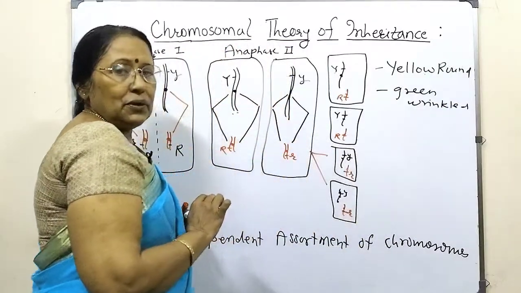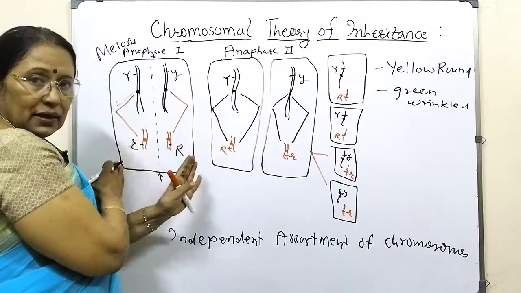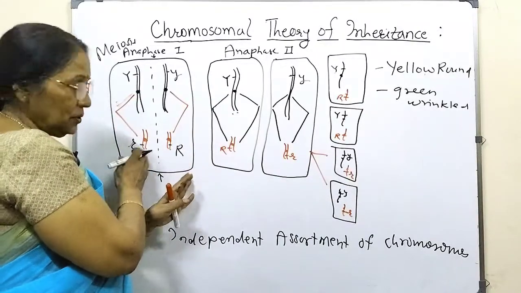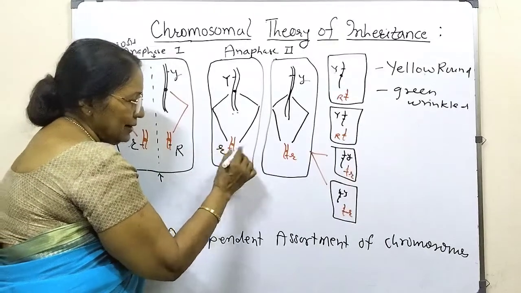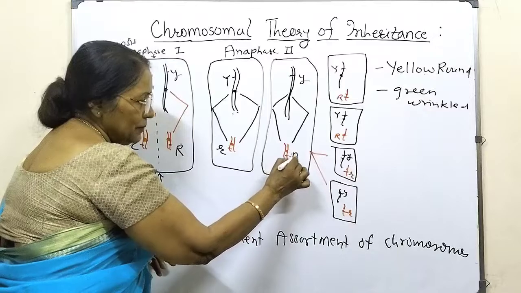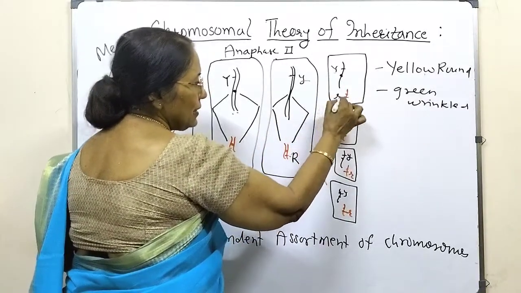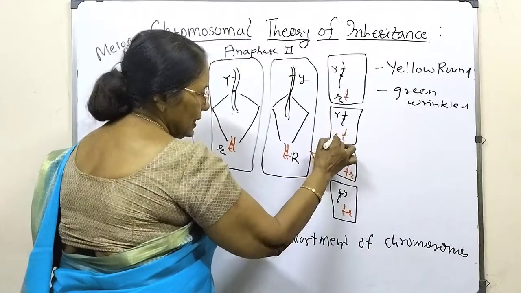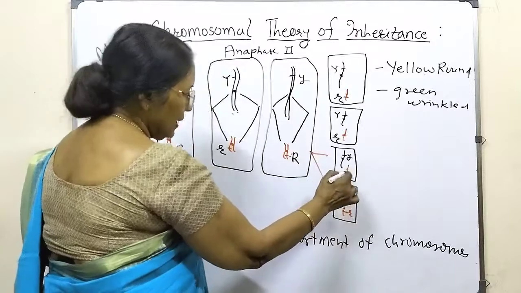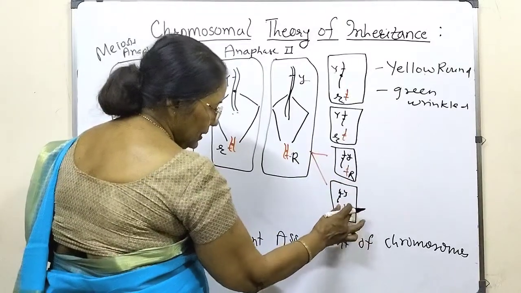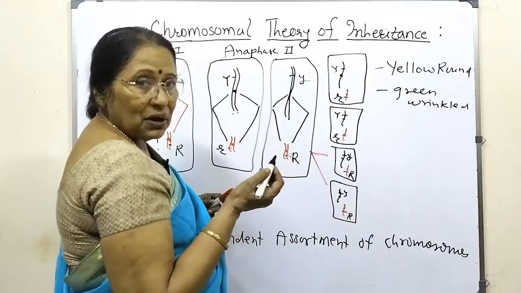Now let us see the second possibility. Here we have simply exchanged the position of these 2 chromosomes. So now here it will be small r and this side it will be capital R. Same here, now in place of capital R it is small r. This small r will be replaced by capital R. So what is the phenotype of this?